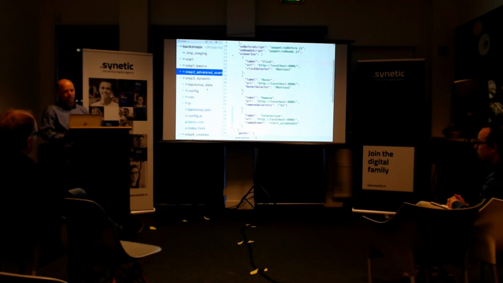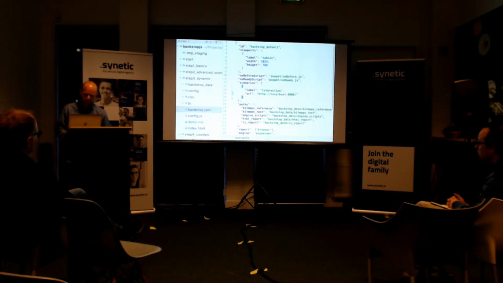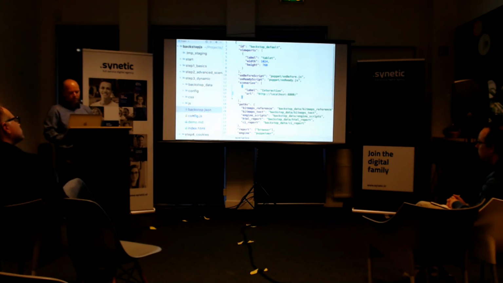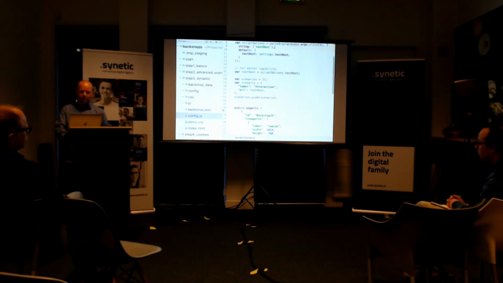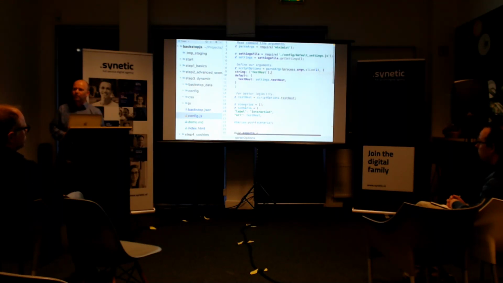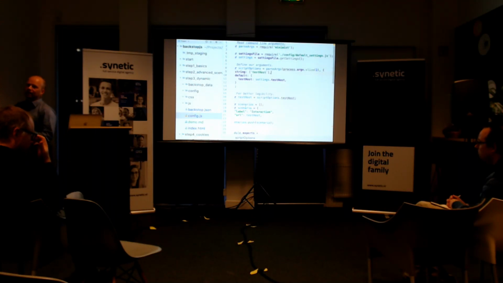It doesn't use any variables, so this is the JSON file. Well, as it turns out, Backstop can also work with a JavaScript file. And JavaScript, well, that's coding, so variables, dynamic. All we need now is to install one additional package, which is called Minimist.